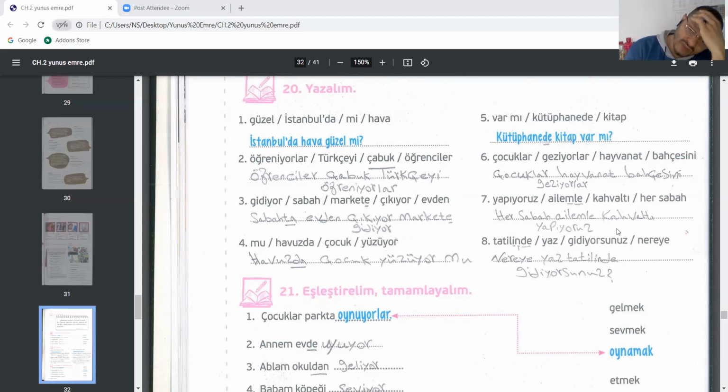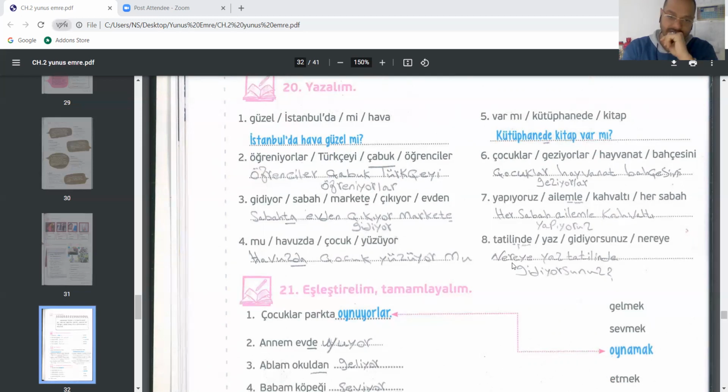Every day with my family we prepare the breakfast. Nereye yaz tatilinde gidiyorsunuz? Where you go at the holiday. At summer holiday, specifically at summer holiday.